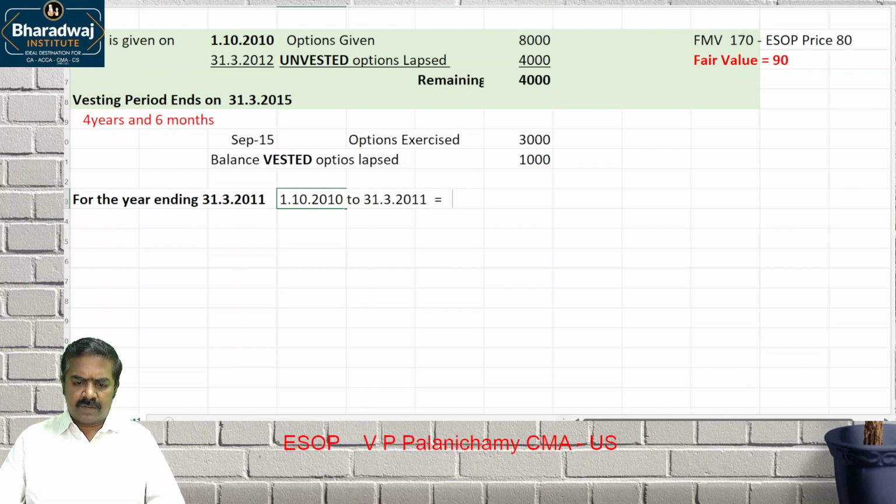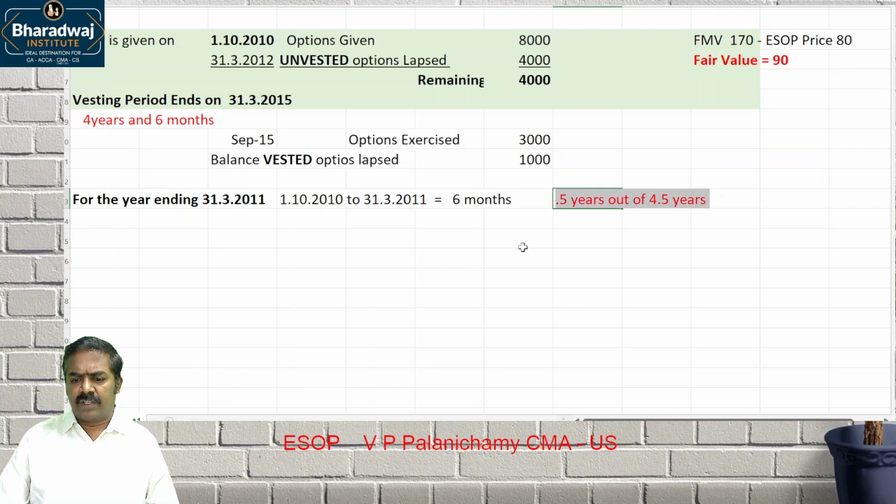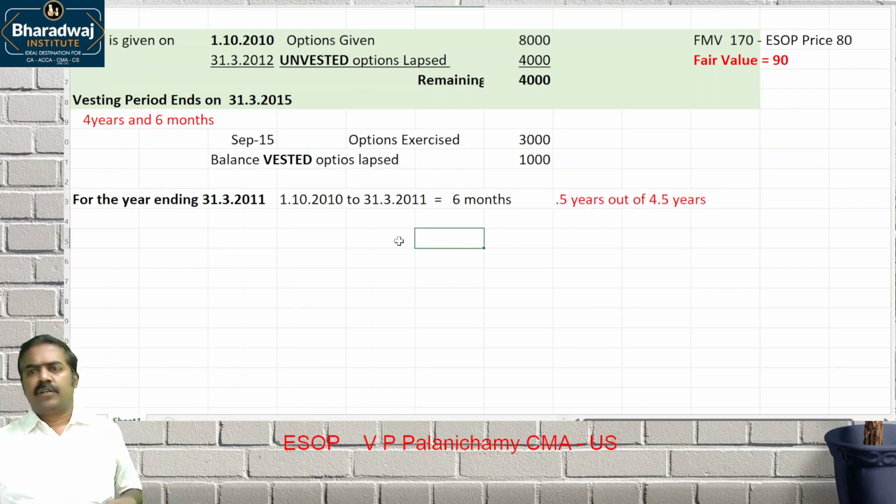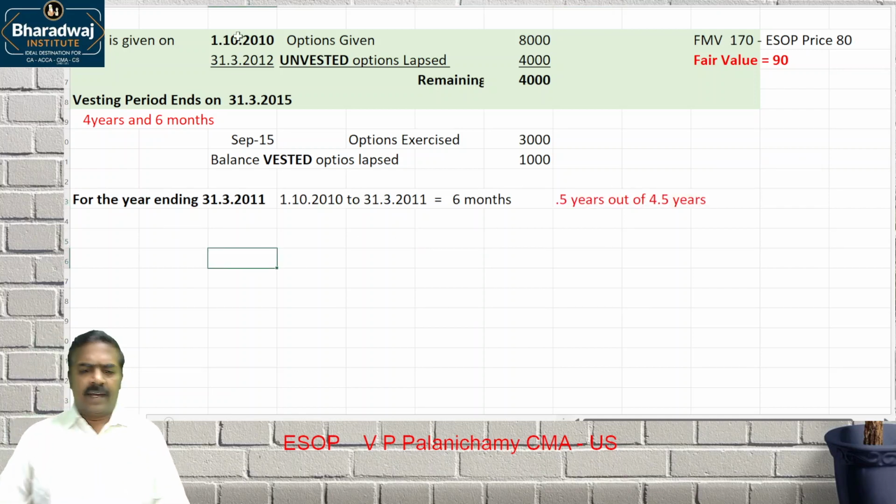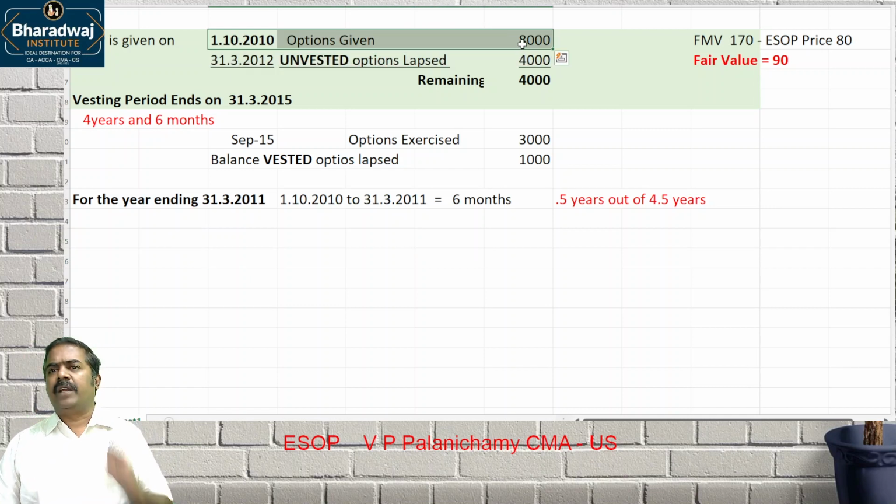How many months? 6 months over in the current year. Otherwise, 0.5 years out of 4.5 years. So during the current year, the vesting period covered is 0.5 years out of how many years? 4.5 years.